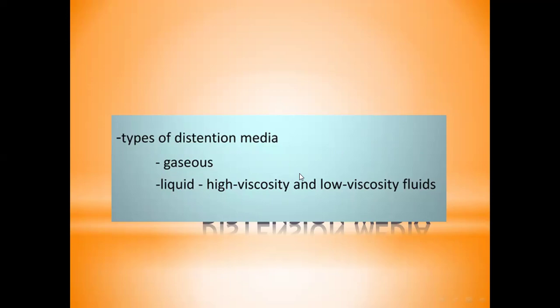Either we use isotonic saline, but the problem with saline is that it cannot be used with unipolar diathermy, but it has the benefit of decreased risk of electrolyte disturbance or fluid imbalance occurring to the woman.